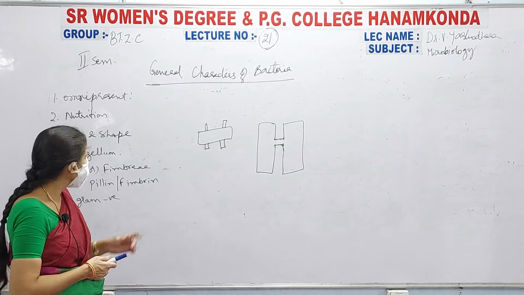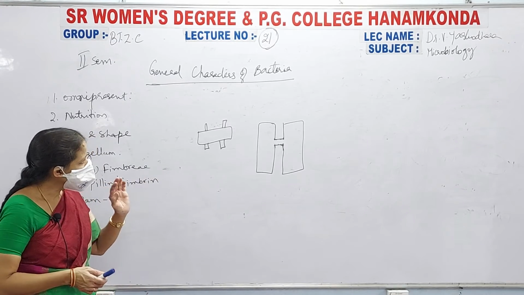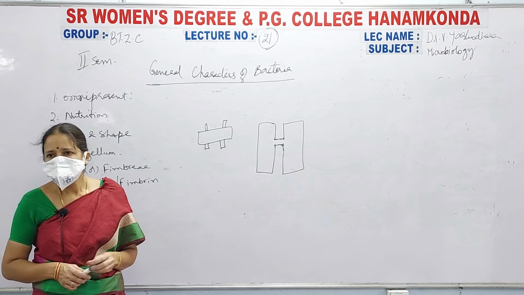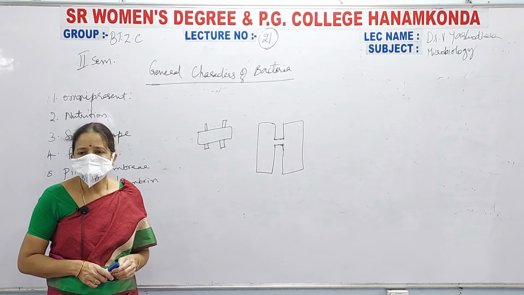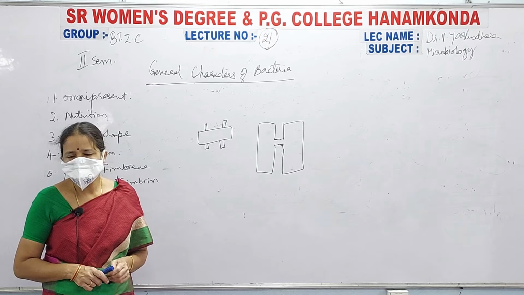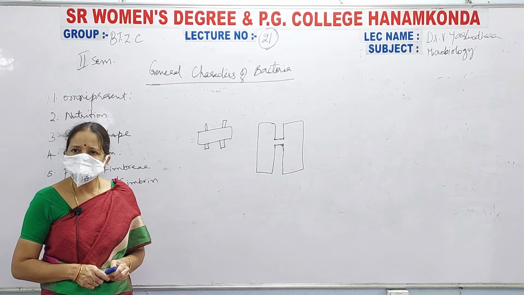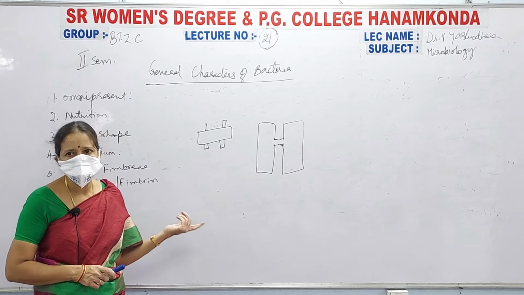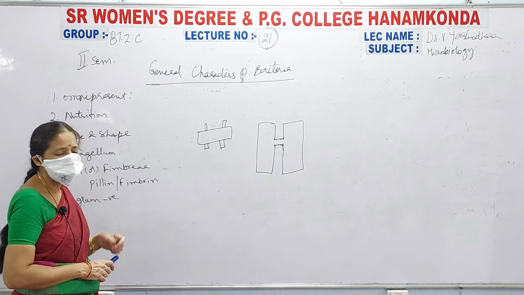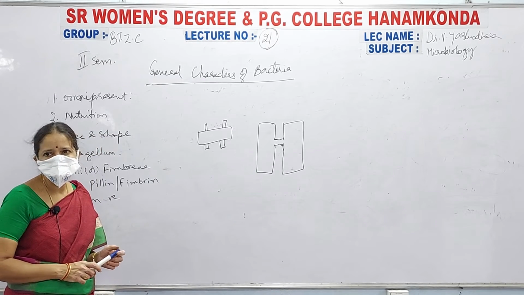This is known as conjugation, where the sex pili help in the formation of the conjugation tube and help in sexual reproduction. They help in the transfer of sex factor from one bacterial cell to another. Pili are present especially in gram negative bacteria.